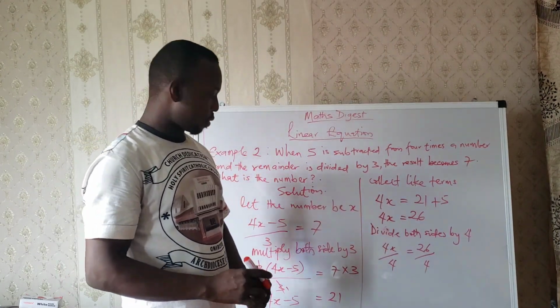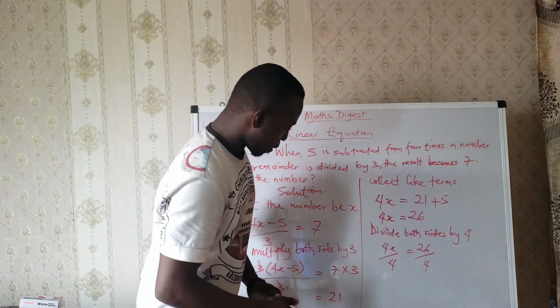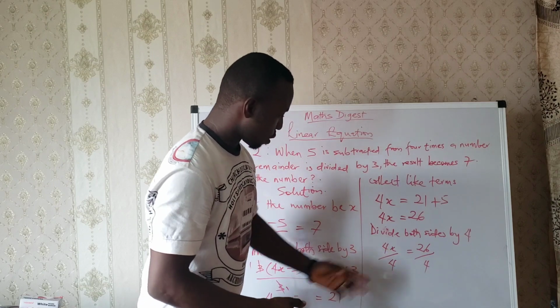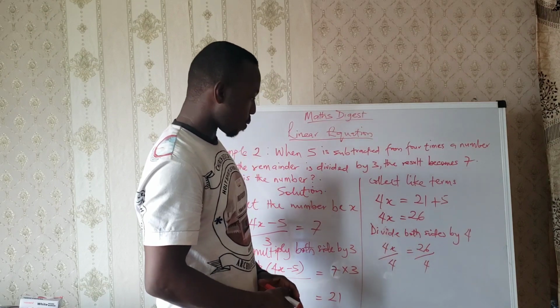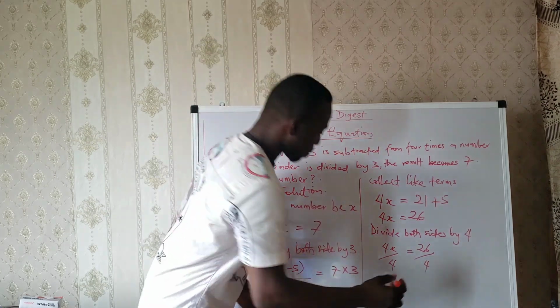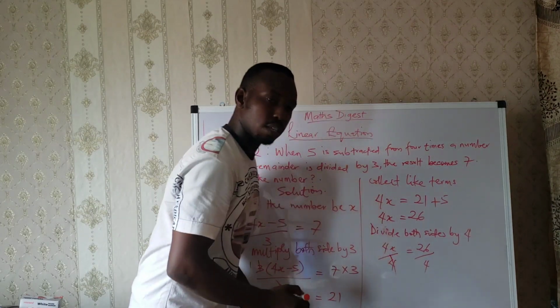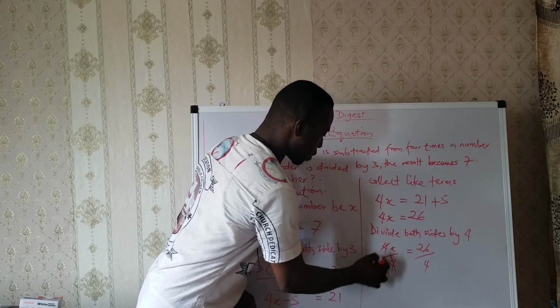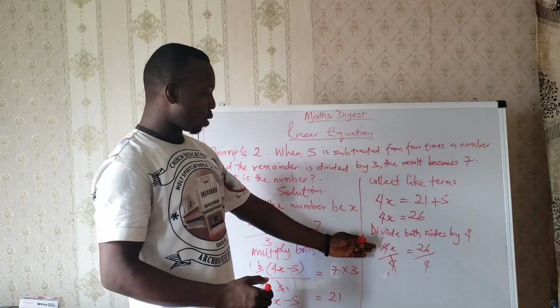So with this, we have 4x over 4 equal to 26 over 4. Now 4 cancels itself, 1. 4 cancels 4 here, 1. We are left with only x.